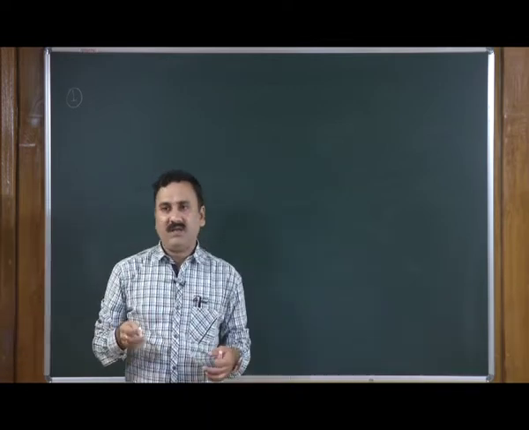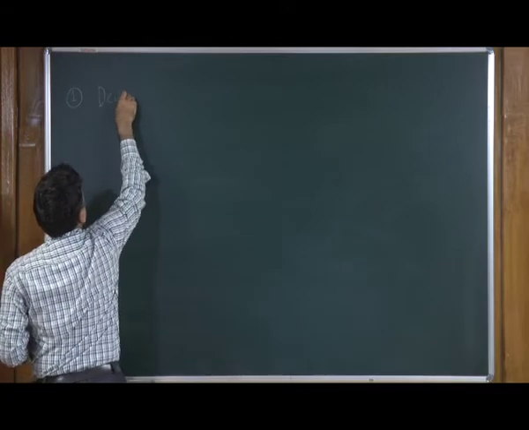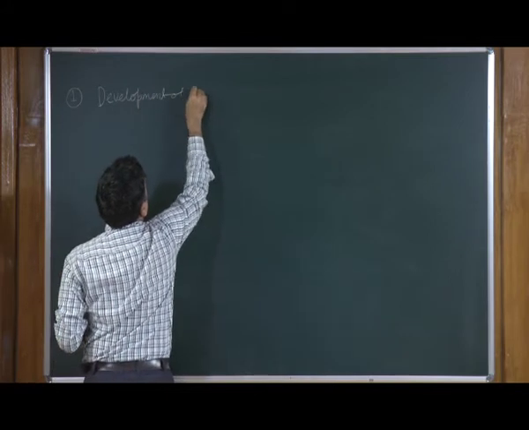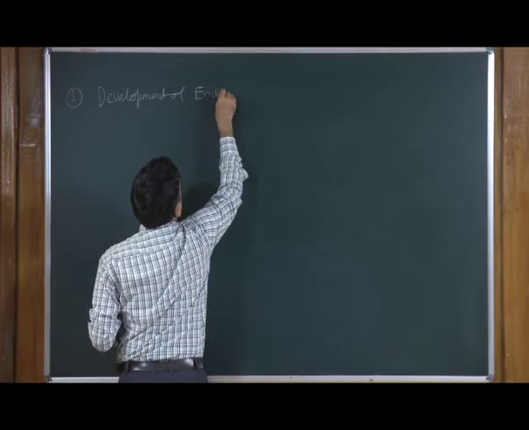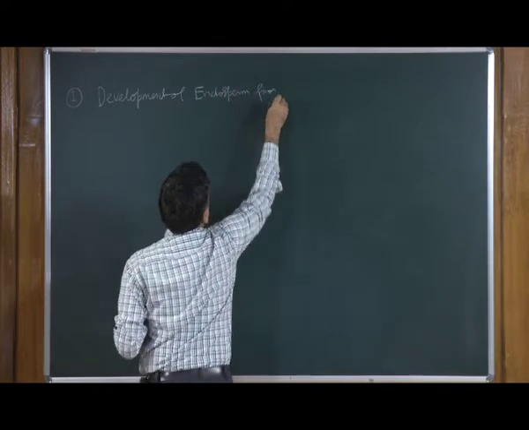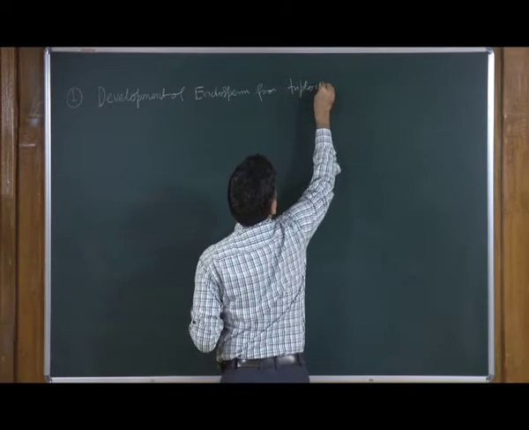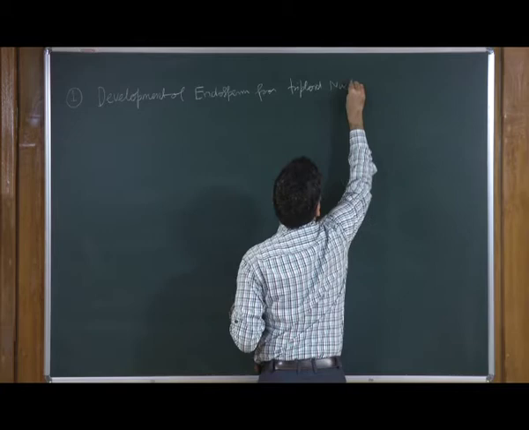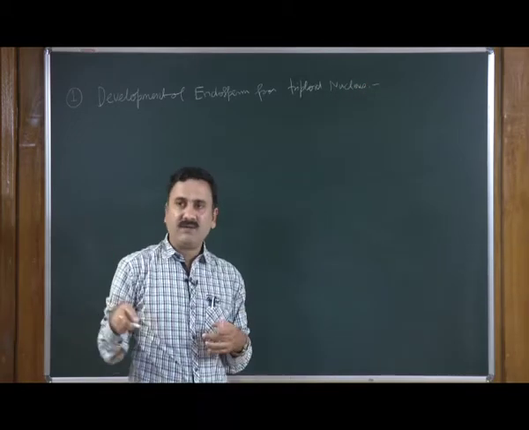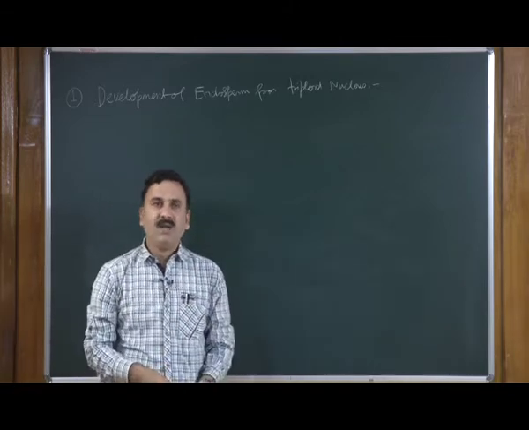First, there is a development of endosperm from the triploid nucleus, which is formed after the fusion of the first male gamete with the polar nuclei.